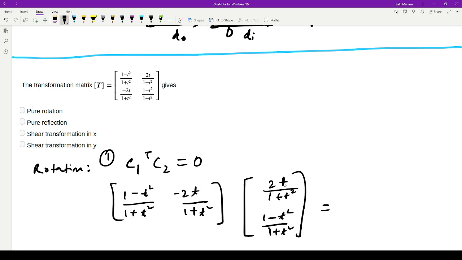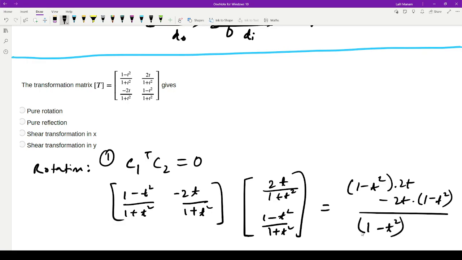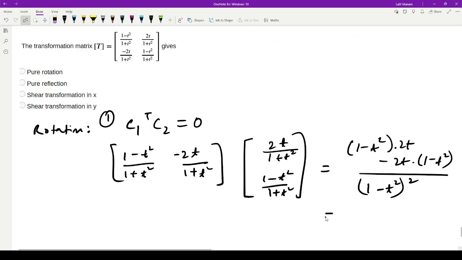So what is this? 1 minus t square into 2t, minus 2t into 1 minus t square, upon 1 plus t square whole square, right? Which is 0. Correct? Yes, no? I need an answer.